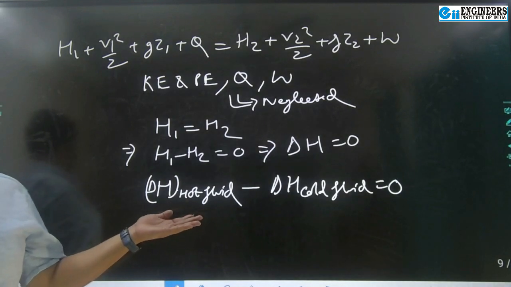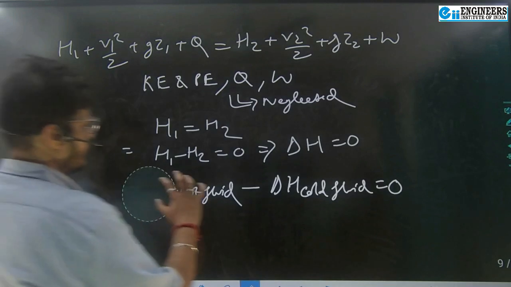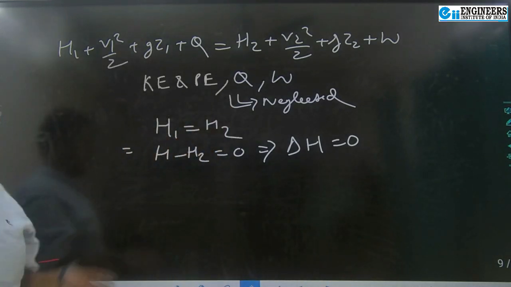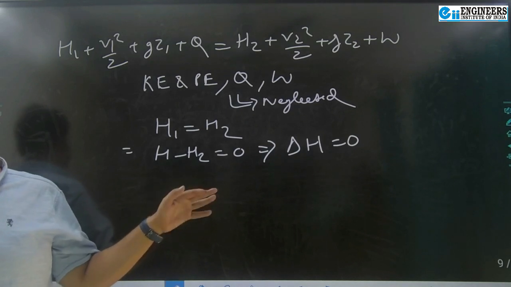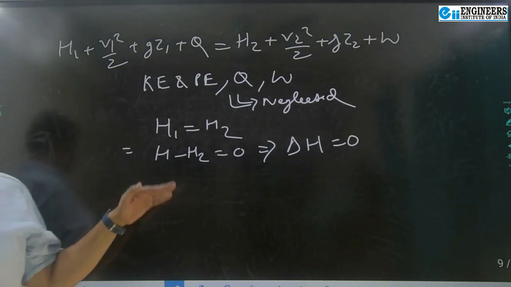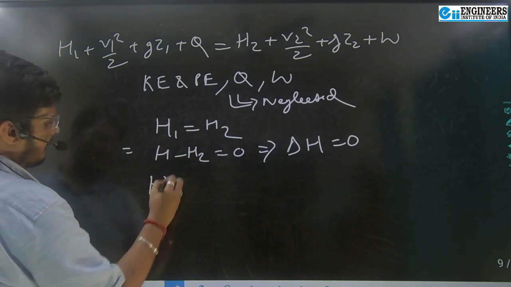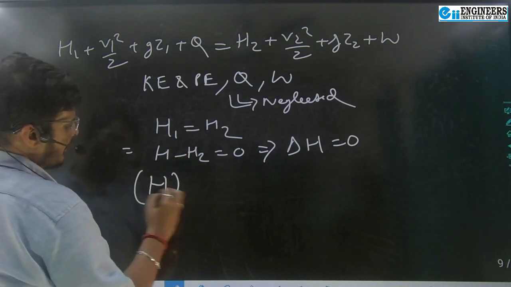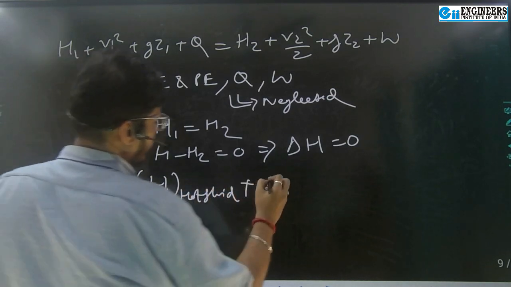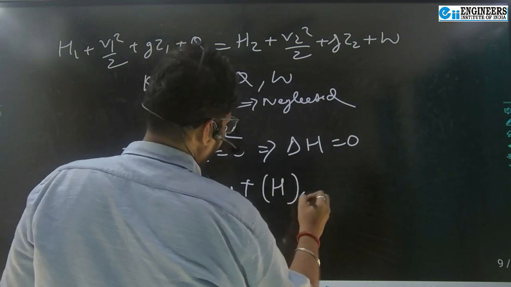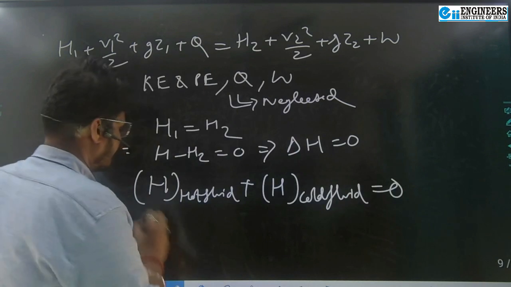I hope this much is clear, and if not, I will explain this term again. I hope I am clear up to this point that the net enthalpy is 0. That means I can write the enthalpy change of the hot fluid plus the enthalpy change of the cold fluid will be equal to 0.